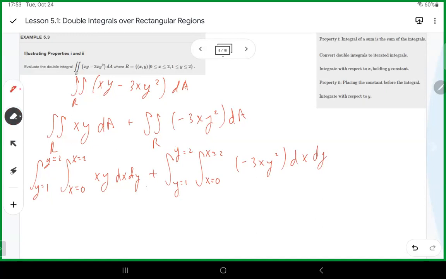We can actually pull this negative out if you would like at this point. And really, if you really wanted to, you could pull the 3 out, which I think will save us a little bit of time and lines.